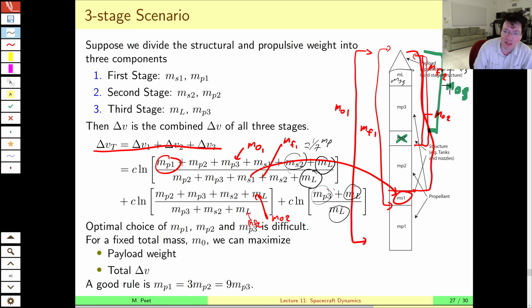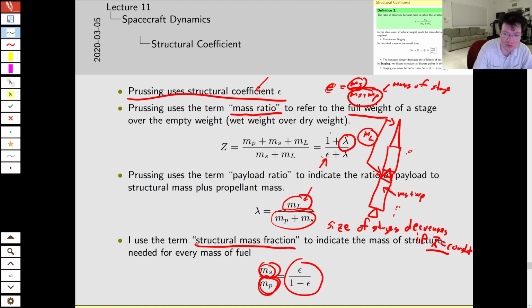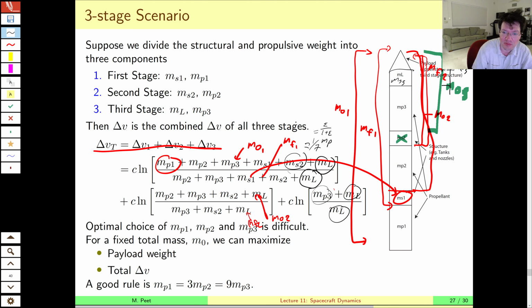So we typically let that be 1/7 the mass of the payload or something like that. Again, that's my 1/7 structural mass fraction, and that's why I use this term a little bit, because you don't have to convert it to epsilon. You can find it as, remember, epsilon over 1 plus epsilon, I think, from the previous line. Yeah. And 1 minus epsilon is fine.